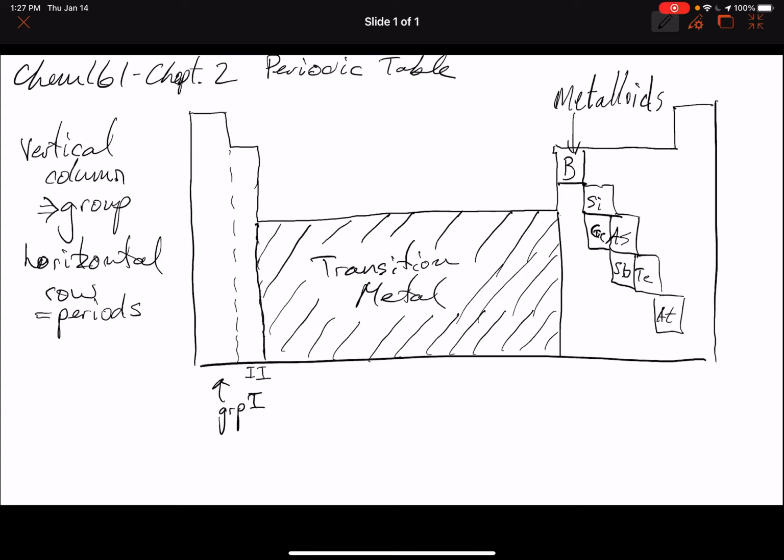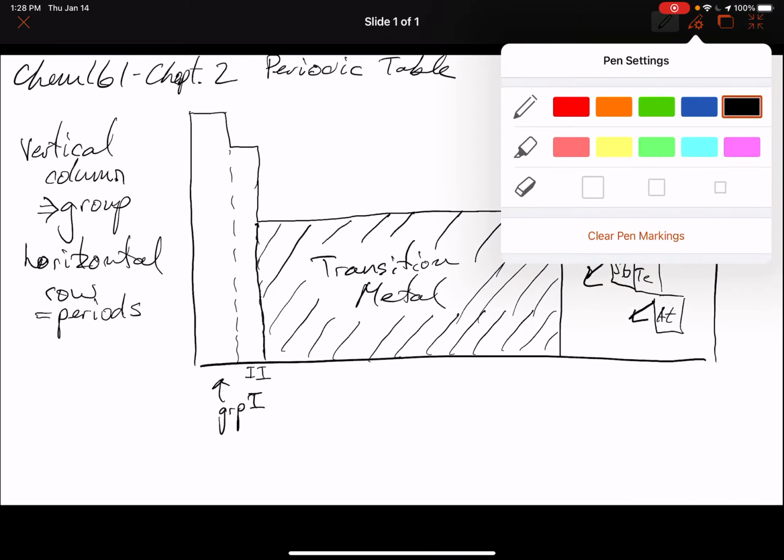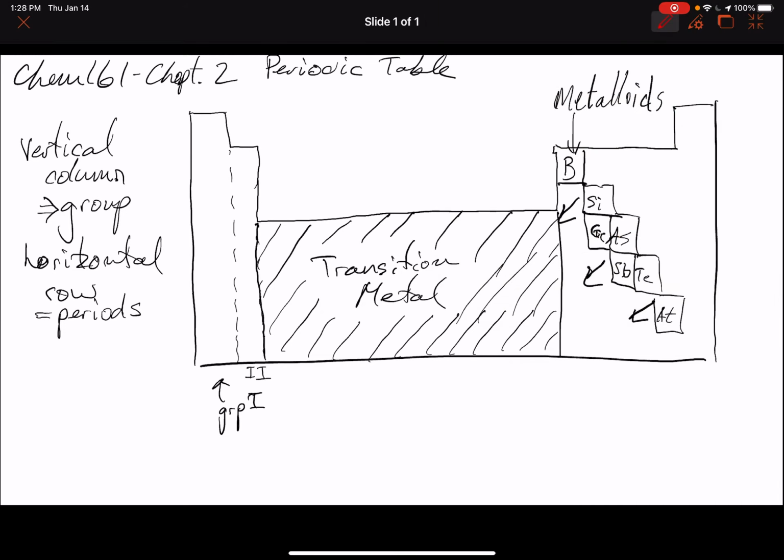This is an important set of elements to recognize, because those to the left of these, all the way over, help us identify the elements from the periodic table that are metals. So in another color here, I'll identify the metals.